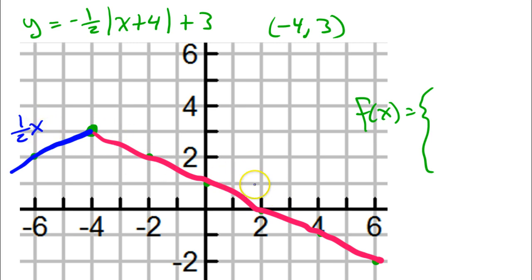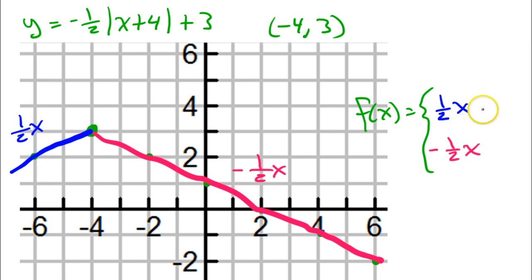The pink side is downhill, so this is going to be negative 1/2 x. So I can go ahead and put those in the equation. Negative 1/2 x for the pink side, the right-hand side, and positive 1/2 x for the blue side.